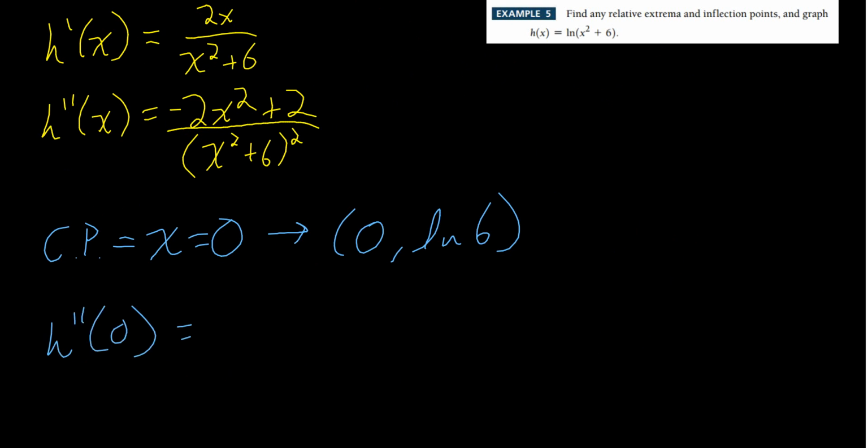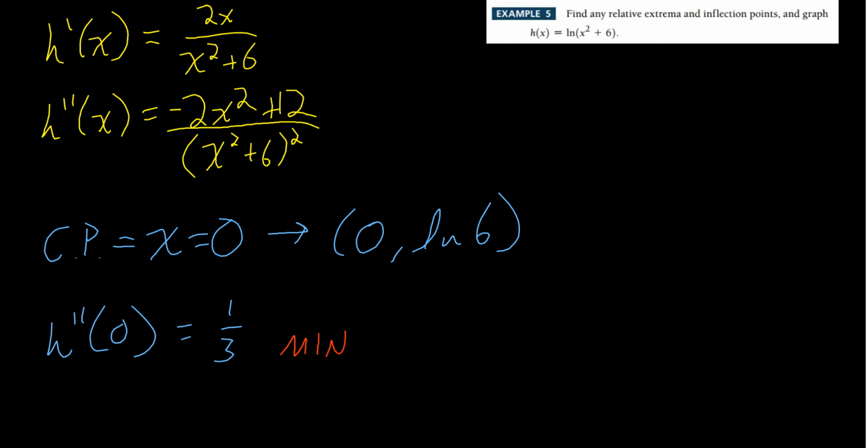And yes, the arithmetic is pretty easy. It should actually be a 12. So 0 squared, so it just becomes 12 over 36, which is 1/3. So h double prime of 0 is equal to 1/3, which is greater than 0. So this tells me that this is going to be a relative minimum.